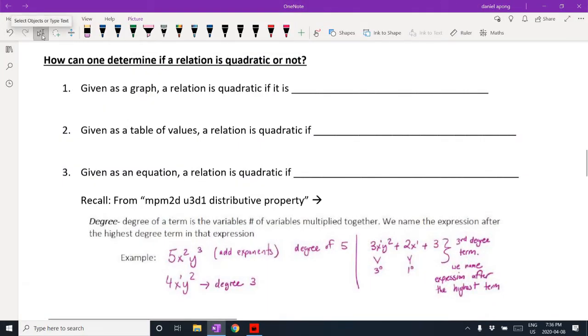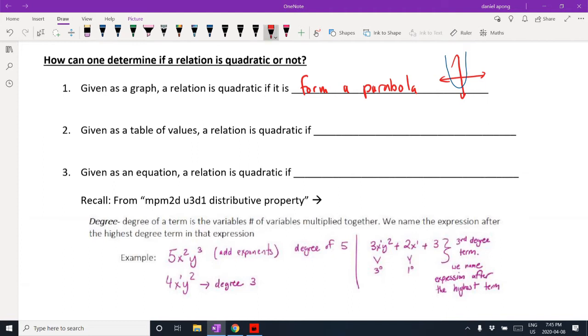So how can you determine if a relation is quadratic or not? Given a graph, a relation is quadratic if it is a parabola. That's the name we give to a curve that looks like this. We can also tell if a table of values is a quadratic by looking at the second differences.